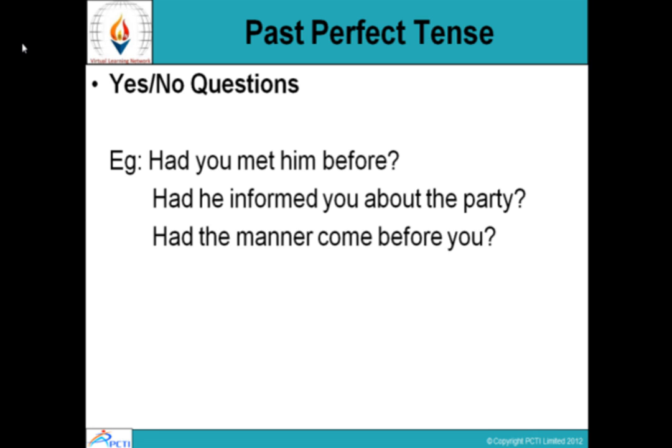Had he informed you about the party? Had the manager come before you? So, starting with had, next the subject, then the main verb, third form, and then the object and other things.